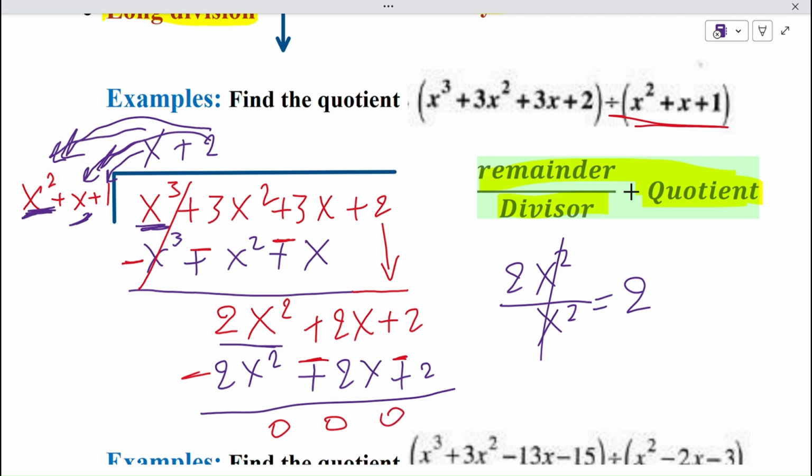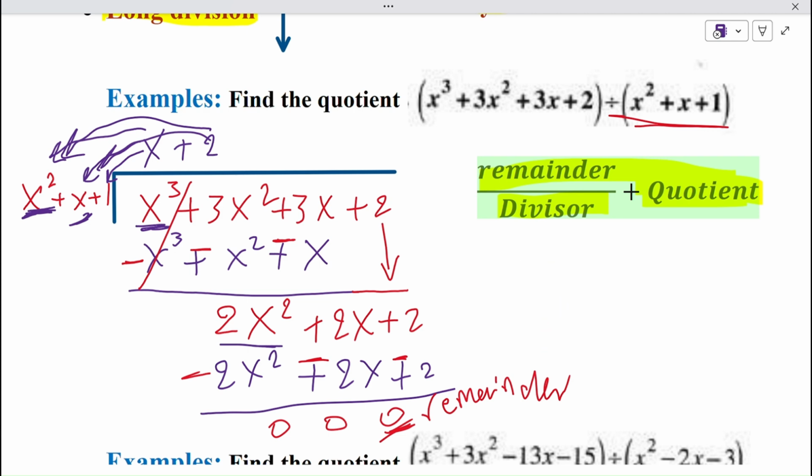Our remainder, this is called remainder, and let's write it by this form. This form is said remainder, write it from the up of this fraction. Remainder is a 0.